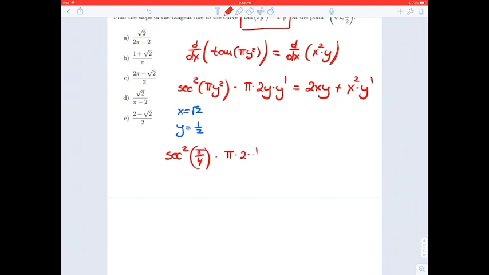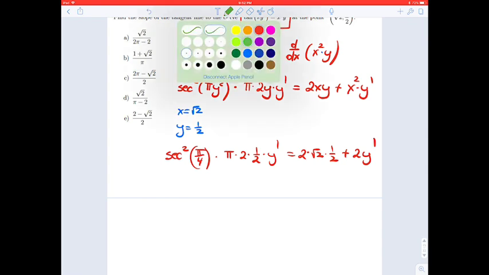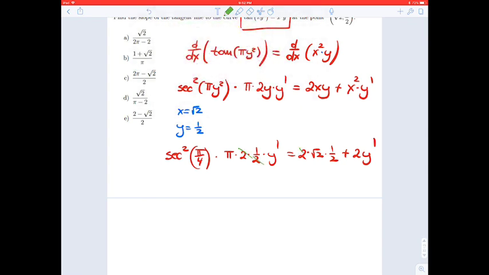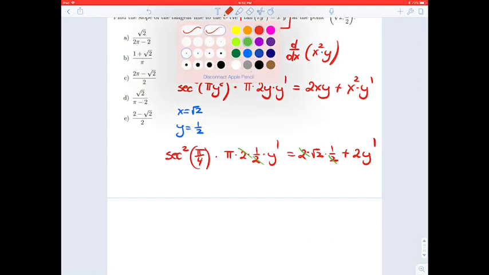Pi times 2 times 1/2, and then y prime. 2 times square root of 2 times 1/2. Squaring x means squaring square root of 2, which will be 2, y prime. Okay, still some simplification. 2 and 2, 2 and 2.